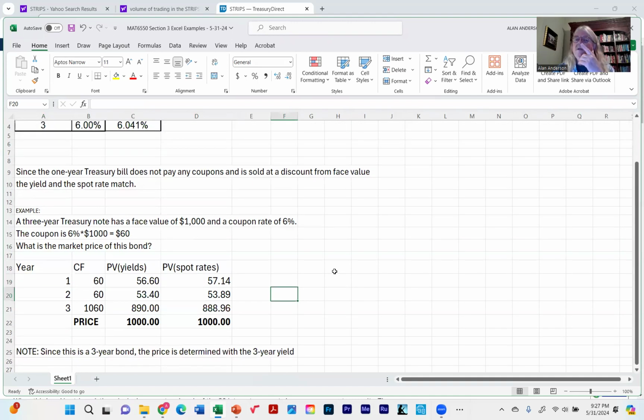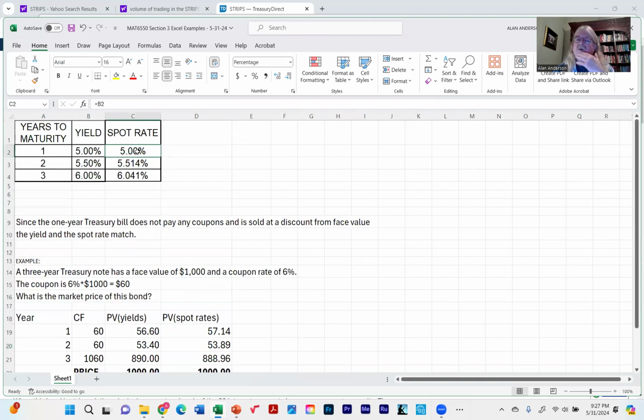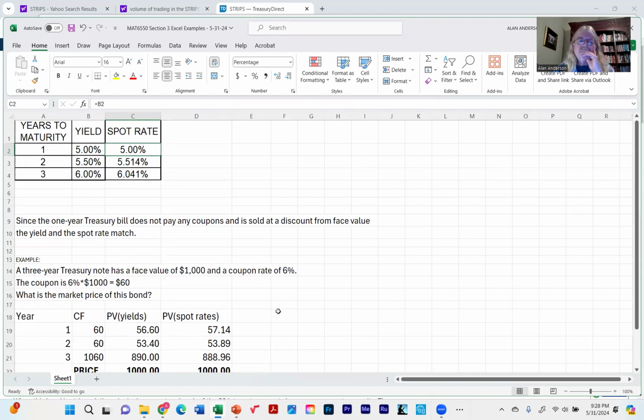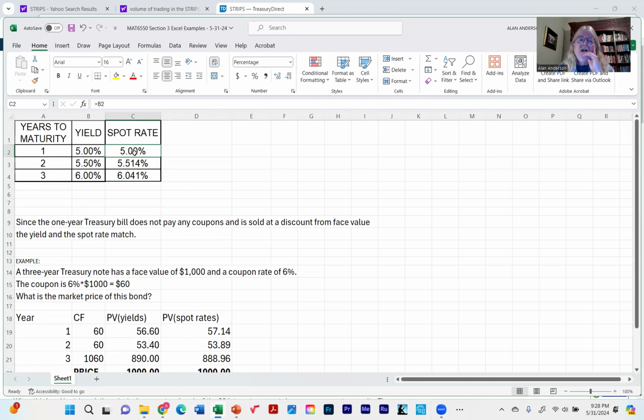That's how we know, by the way, that these spot rates were calculated correctly. If not, we would see a discrepancy between the price of the bond using yields and spot rates. So that's also how I know this is equivalent information to this information.